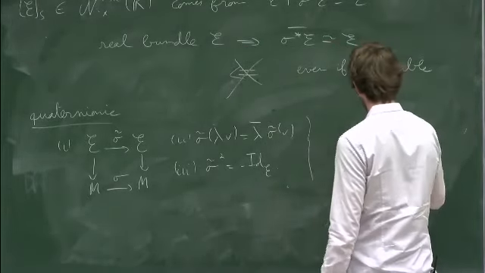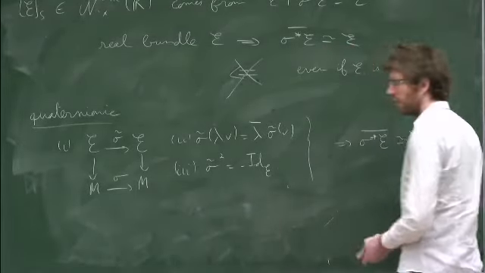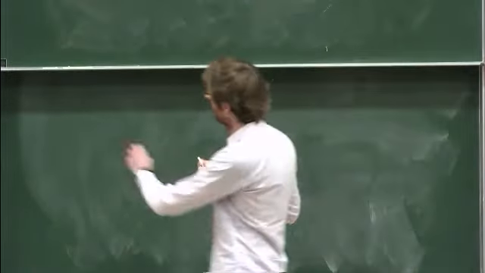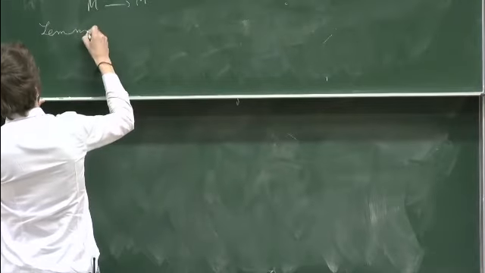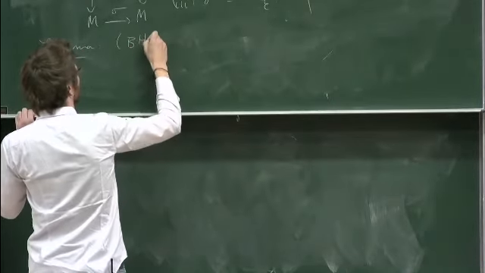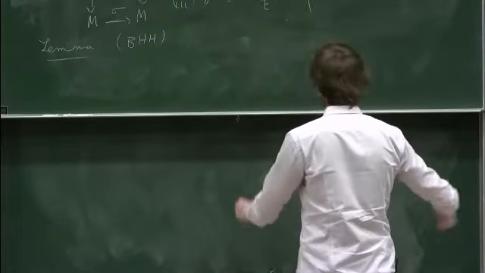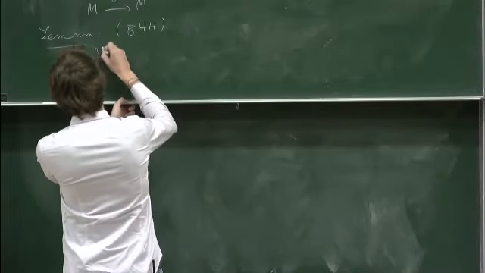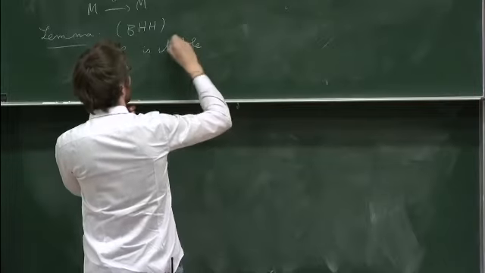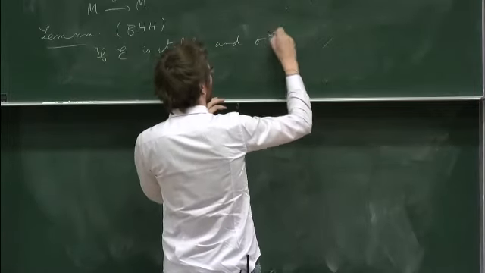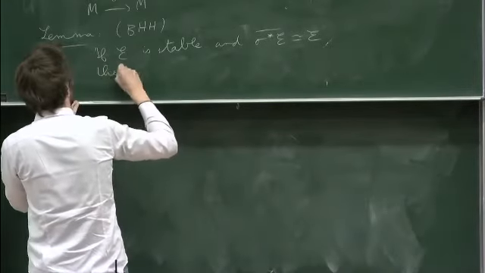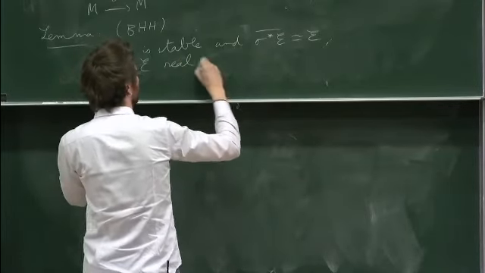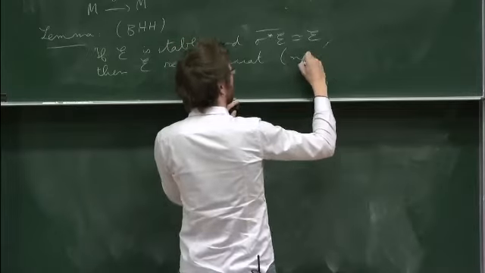And then if you have such a bundle, it is also isomorphic to its conjugate pullback. But if you have these two bundles, then there's a lemma proved by Biswas-Urtubise and Neumann saying that if E is stable, in fact simple, and isomorphic to its conjugate pullback, then E is either real or quaternionic, and not both.